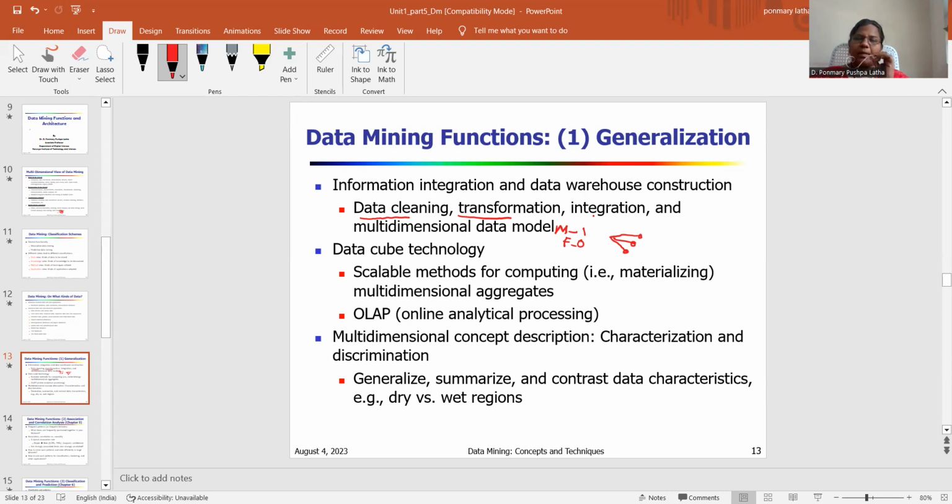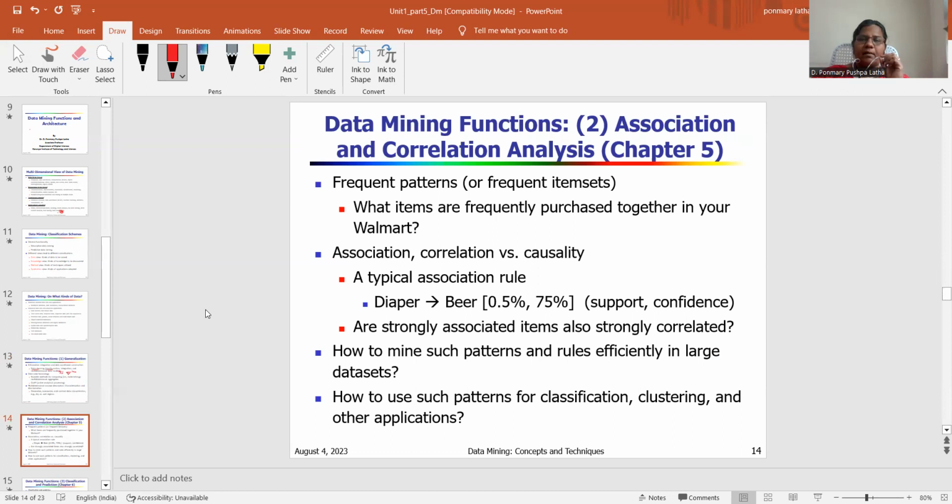Then the multi-dimensional data model. You can see the data in 1 dimension, 2 dimension, 3 dimension, like that, a multi-dimensional view. The next data mining function is association. Association is between two items.